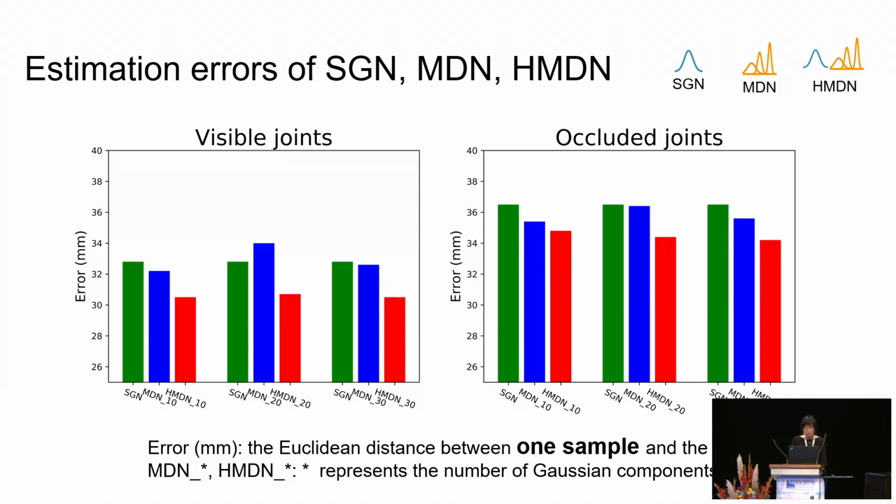Each group, for example the first group, covers both visible and occluded joints. The HMDN produces lower error, and with a different number of Gaussian components, the error of HMDN doesn't change very much.